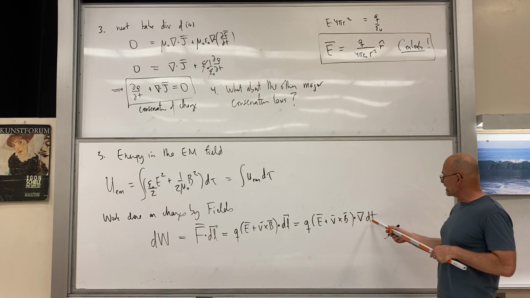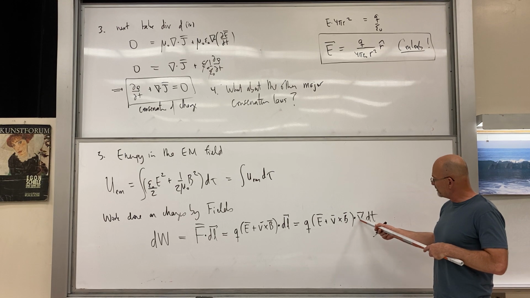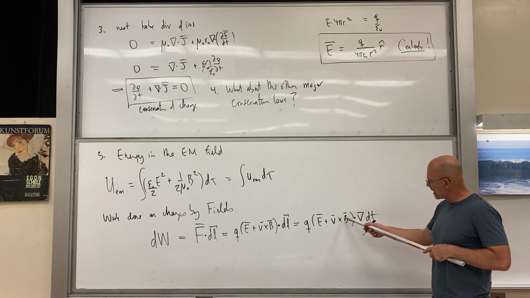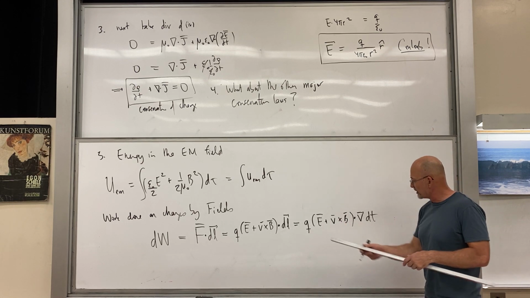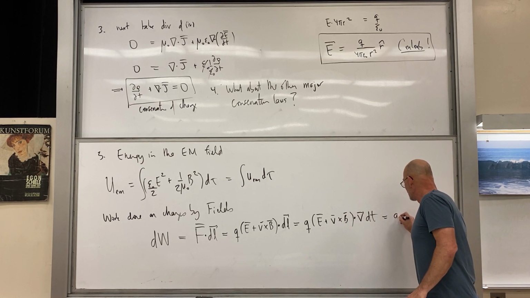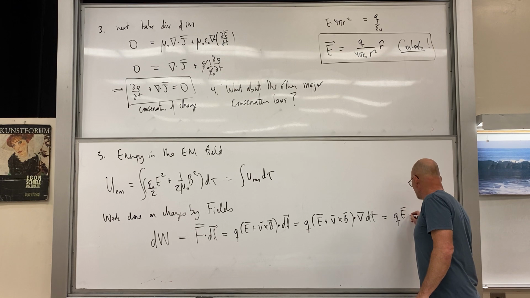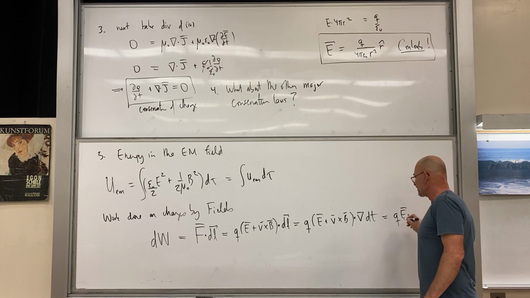So for this reason, the dot product of V and V cross B vanishes, and so we just end up with Q E dot V dt.